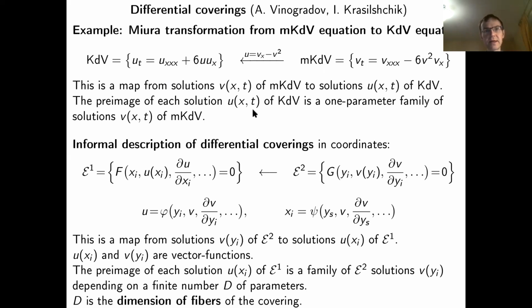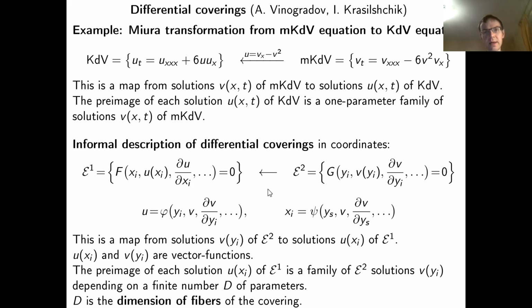And another property which we need is the following: if we fix a solution u of KdV, we can study its pre-image under this map, and the pre-image of every fixed solution u of KdV is a one-parameter family of solutions v of mKdV. So if we fix a function u satisfying KdV and consider the system of these two equations, this system has a one-parameter family of solutions.